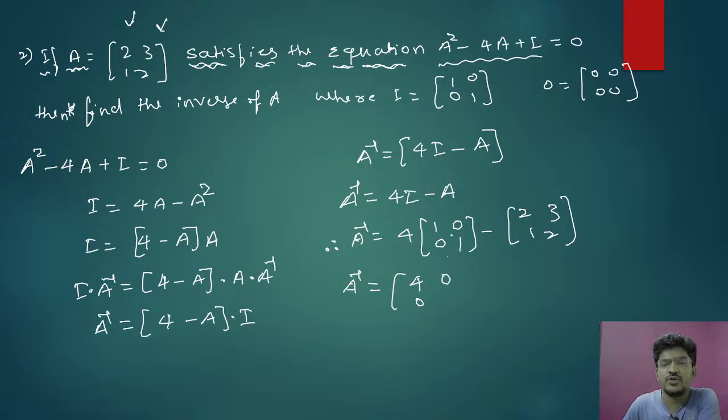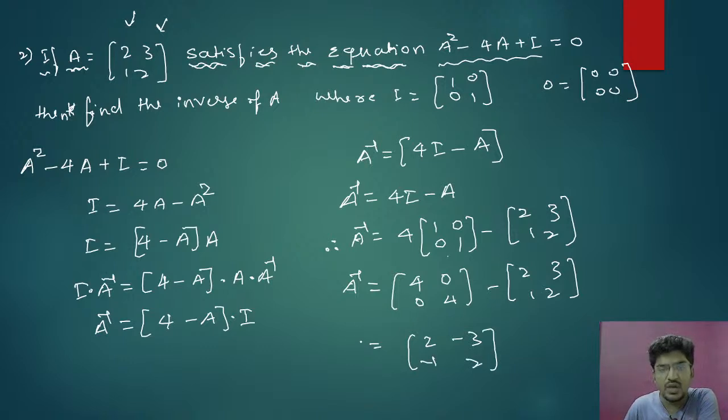So 4 into 1 is 4, 4 into 0 is 0, 4 into 0 is 0, 4 into 1 is 4, minus the matrix 2 3 1 2. So 4 minus 2 is 2, 0 minus 3 is minus 3, 0 minus 1 is minus 1, 4 minus 2 is 2.